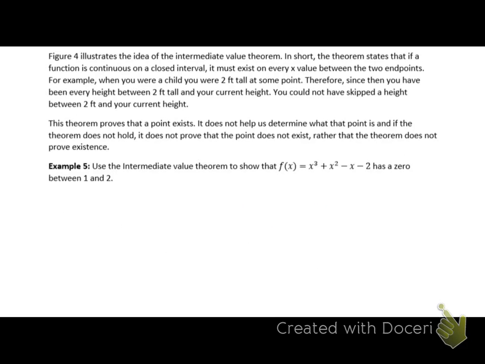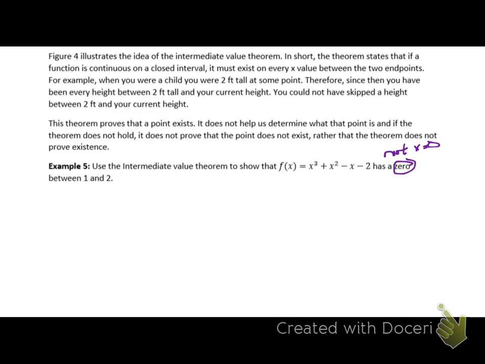So one way that we would use this is as in example 5 to show that there's a 0. Now remember, if it's a 0 or if it's a root, you'll often see the word root. So a root, that just means x equals 0. Y equals 0.